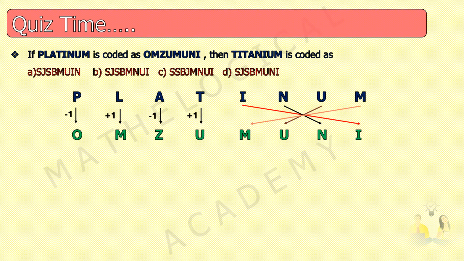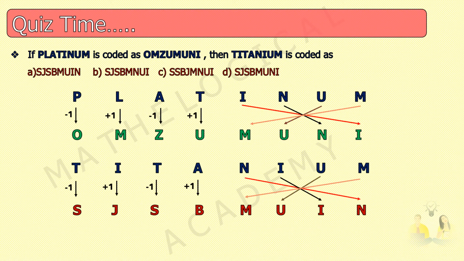Alternate. So P minus 1 we get O, L plus 1 we get M, A minus 1, that is one letter before A, we get Z, and T plus 1, that is the next letter, we get U. And then I, N, U, M are rearranged, that is reversed here, I, N, U, M.